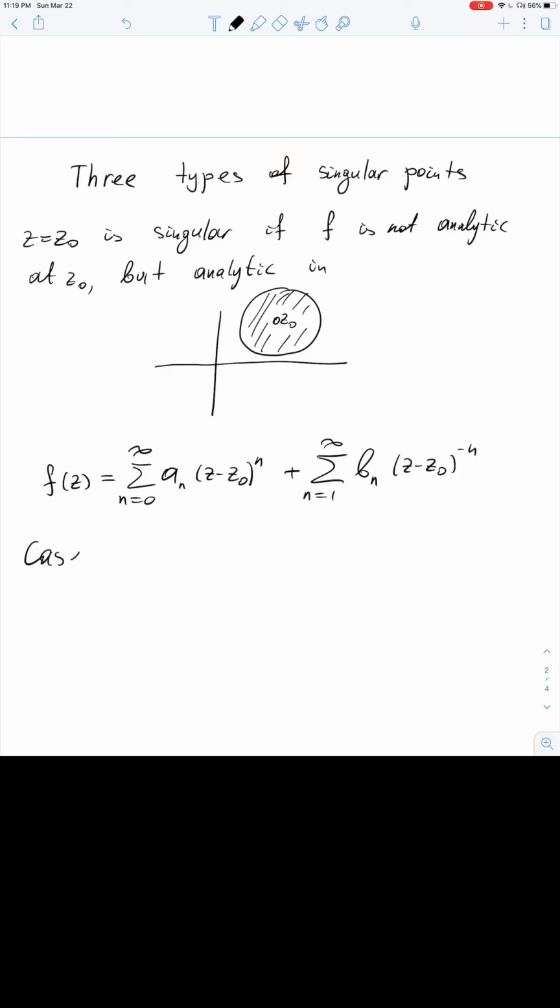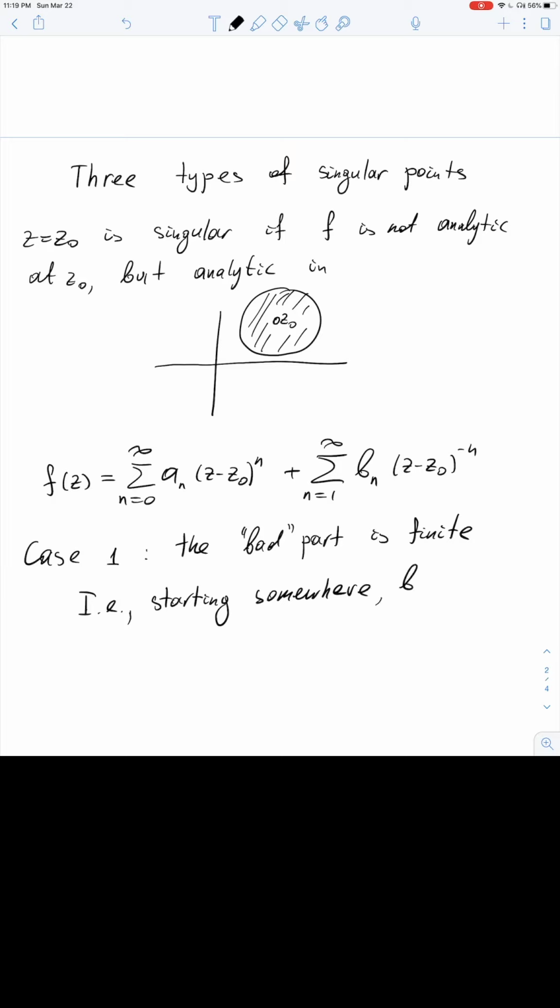So case 1 is when the bad part is finite. That is, starting somewhere, and this will be our main case, by the way, we get b_m equals b_{m+1} equals so on equals 0.